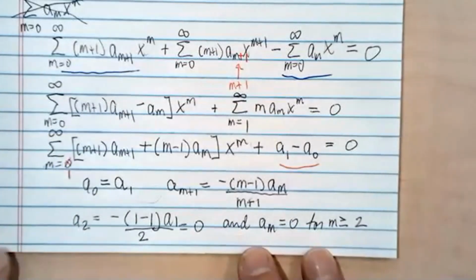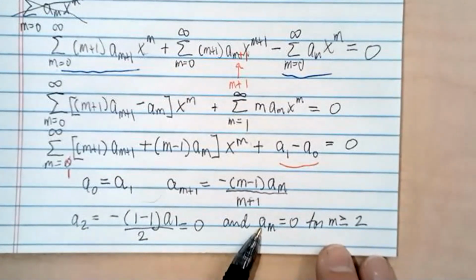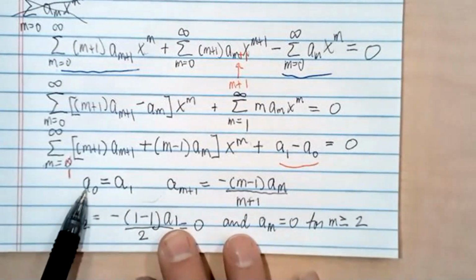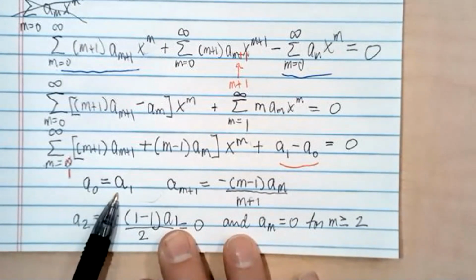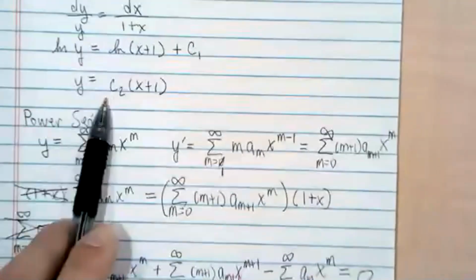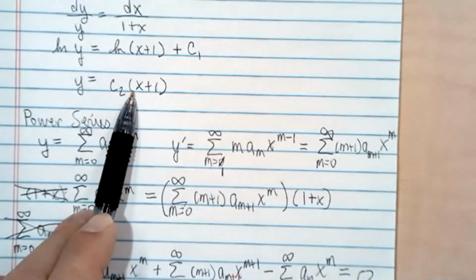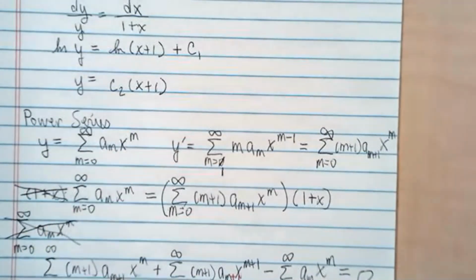Well, we've solved it. So what we know is all the coefficients are 0 with 2 exceptions. a0 and a1 must be equal, but they could be anything you like. And that's really what this says.